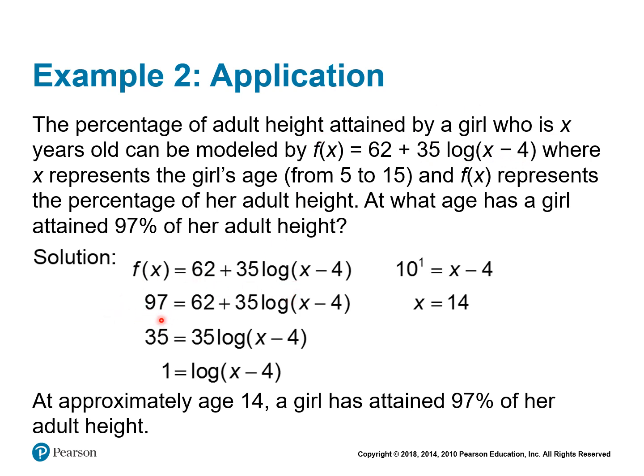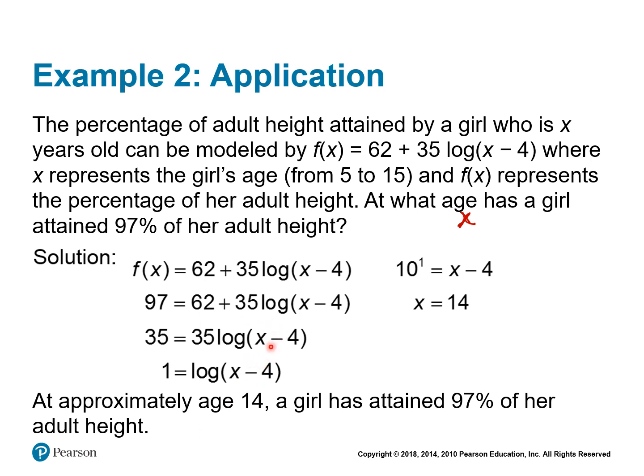Now, we have to plug in some values here. F of x, remember, is the percentage. So f of x is going to be this 97%. So we are going to replace f of x with 97 and then equal 62 plus 35 times log of x minus 4. So x is what we are being asked to find. At what age? Age is the x value. All right, and that's what we need to find, the x.